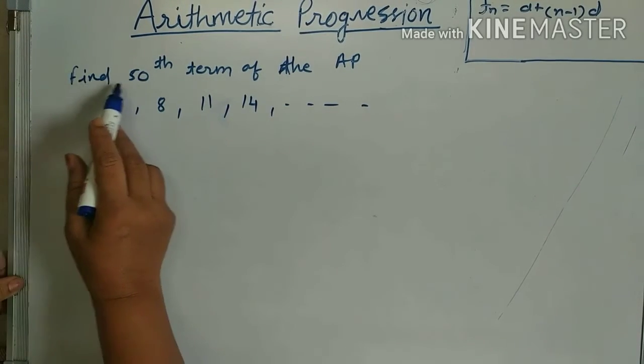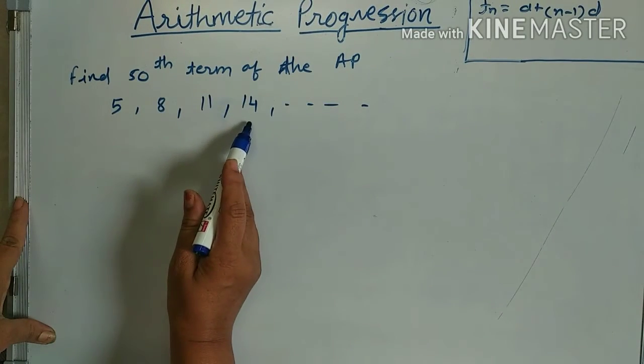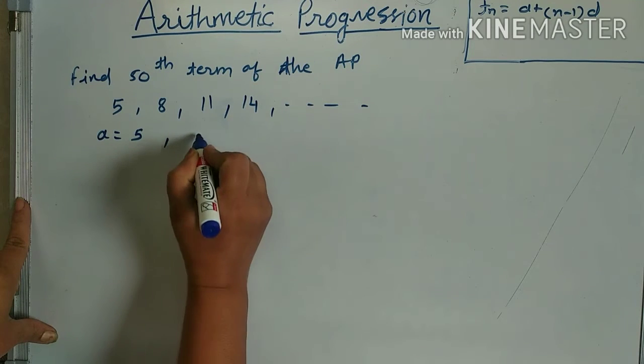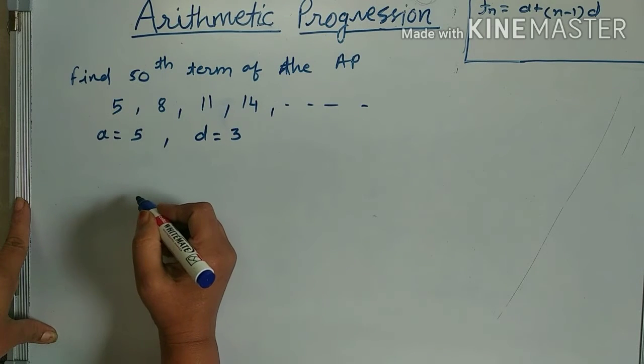For example, find the 50th term of the AP 5, 8, 11, 14 and so on. Here A equals 5 and common difference D equals 8 minus 5, which is 3.